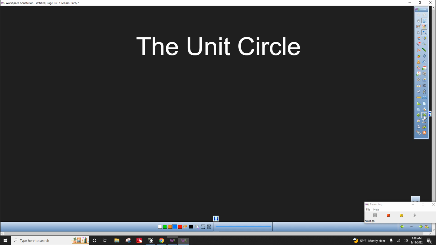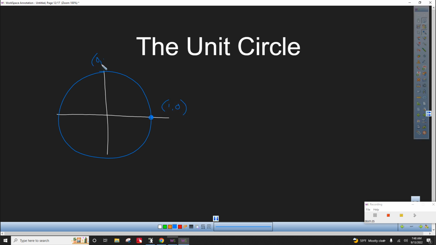Alright, the unit circle. The unit circle is a circle whose radius is 1. Now there are other points obviously on this circle, and the other points that are going to be important are the points that occur at 30 degrees, 45 degrees, and 60 degrees.